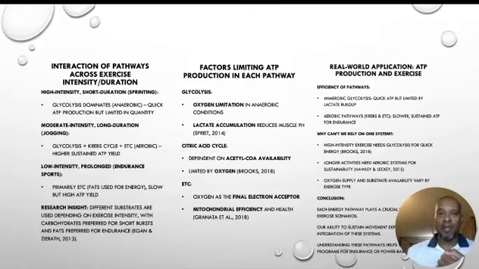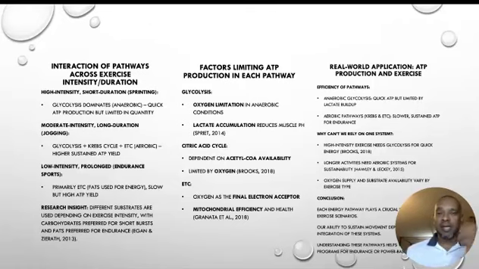In real-world applications, quick ATP from anaerobic glycolysis is essential for high-intensity efforts, but longer sustained activities rely on aerobic systems like the Krebs cycle and ETC for efficient energy production. You can't rely on just one system because oxygen supply and substrate availability vary by exercise type.